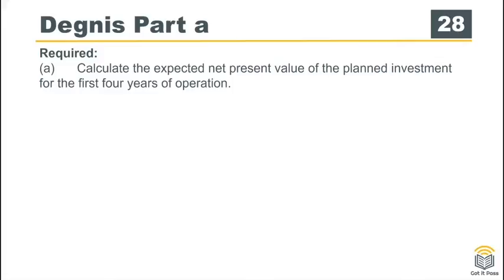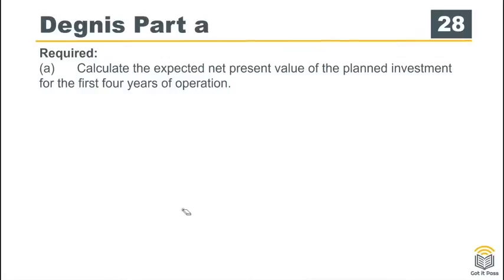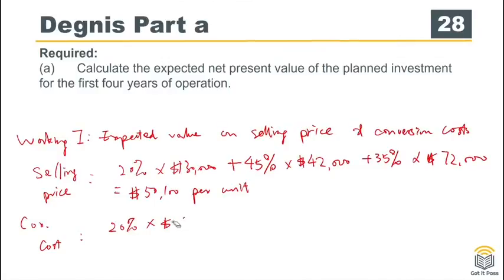That is the selling price. And for the cost or conversion cost, we apply the same logic. 20% on the basic, which is 33,000, plus the standard option, which is 45% times the cost of 29,000, plus.